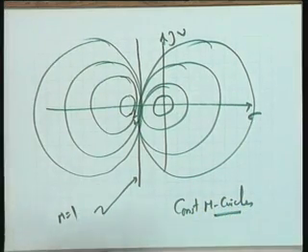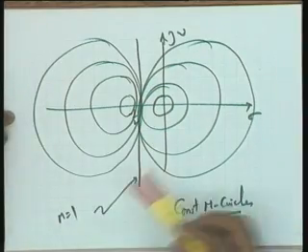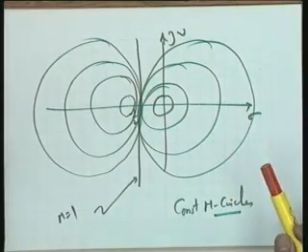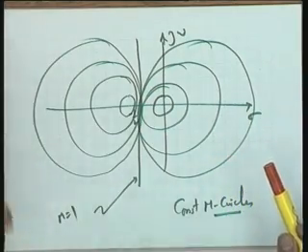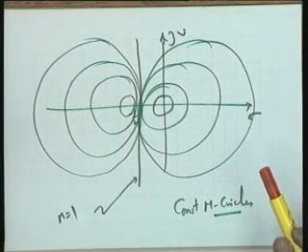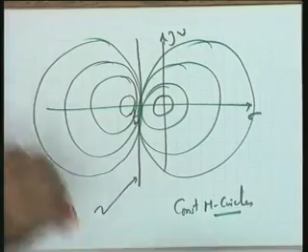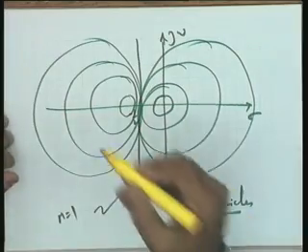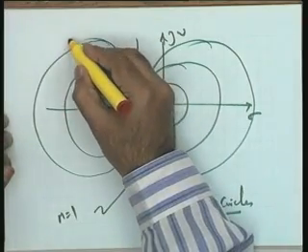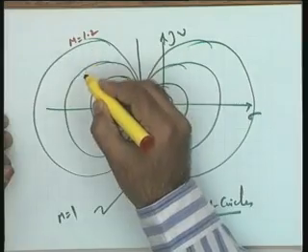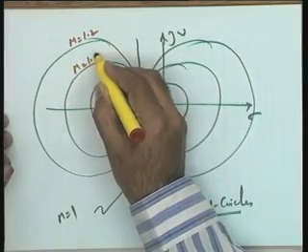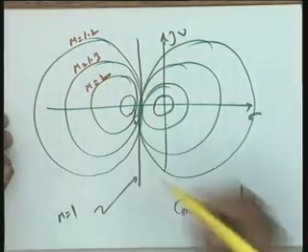Please do raise a question if the point is not clear. Constant M circles, I have seen. What is M? M is the magnitude of the closed loop frequency response. What are the typical values? Let me take M equal to 1.2, M equal to 1.3, M equal to 2, and so on.